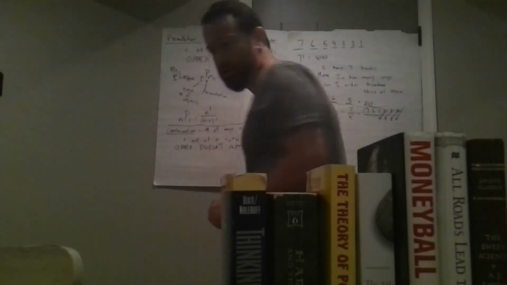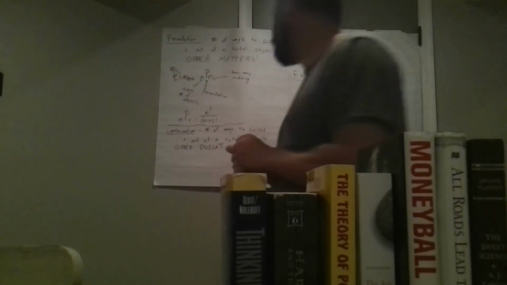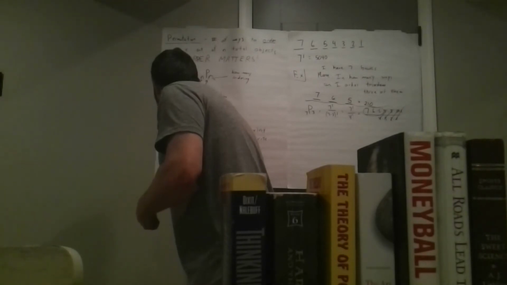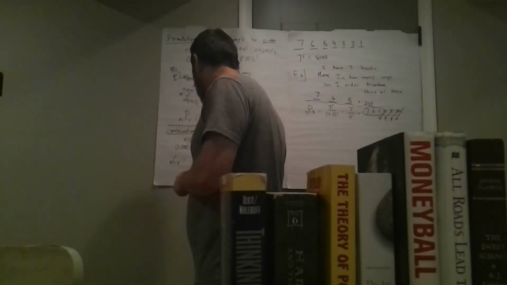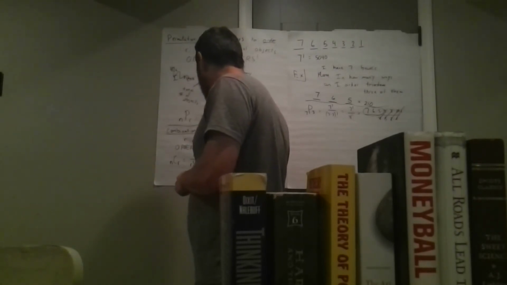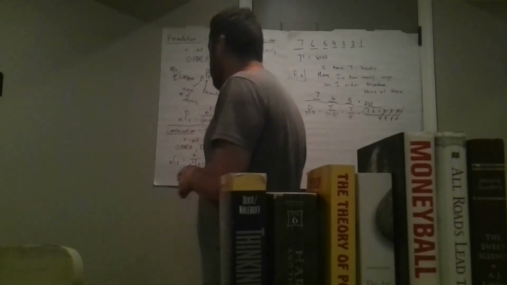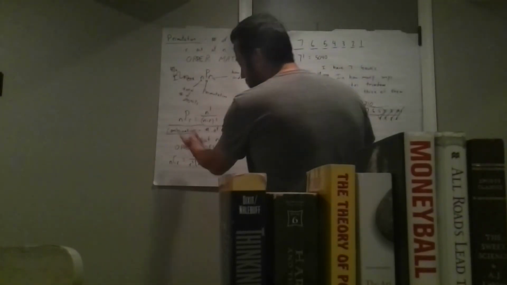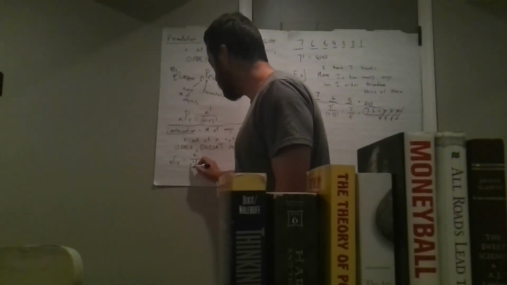And for a combination, the symbols are very similar. nCr is n factorial over r factorial times n minus r factorial. So it's very similar, we just have this extra r factorial here.